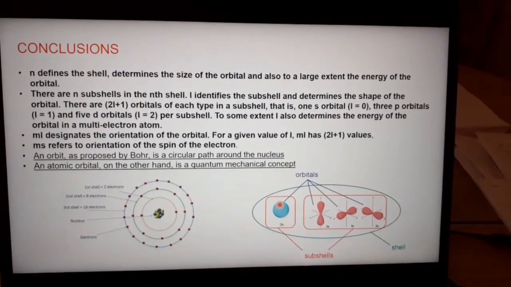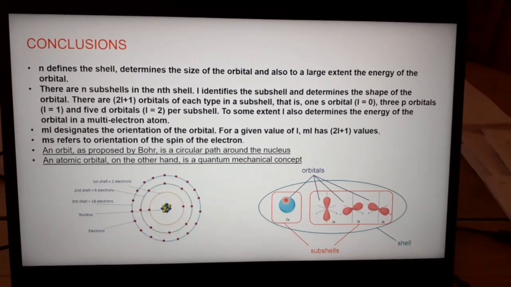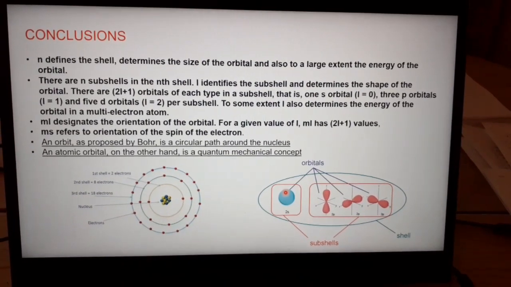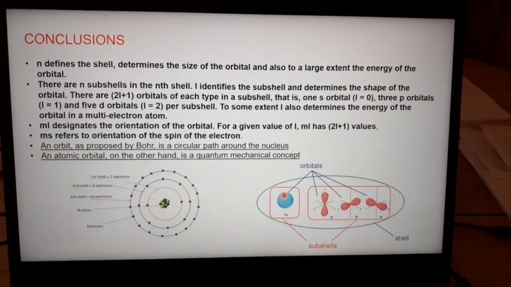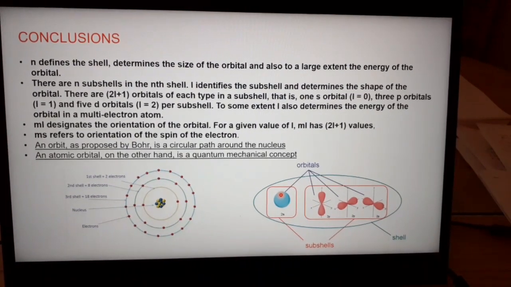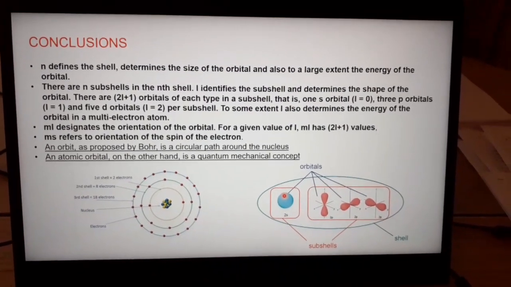And how many subshells are possible? The ml also designates the orientation of the orbital, and its number of values is also 2l plus 1. The ms refers to the orientation of the spin in different states, right? And it actually splits in the presence of a magnetic field.